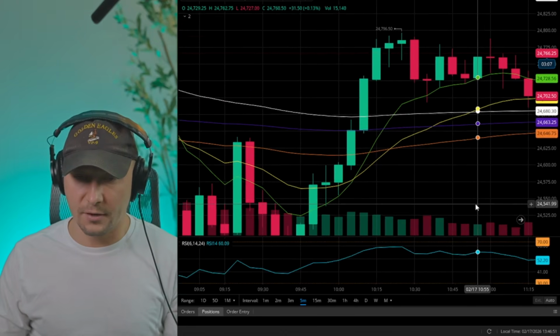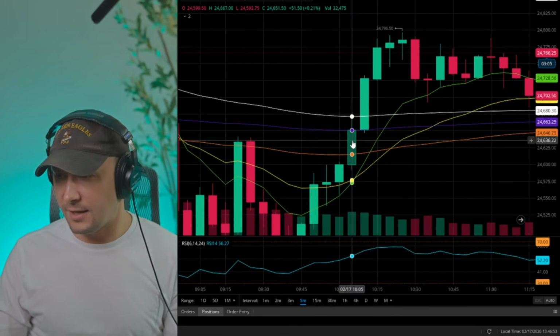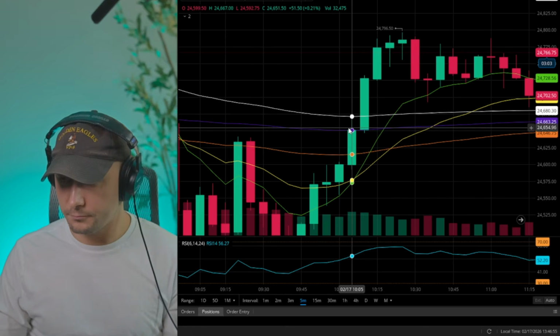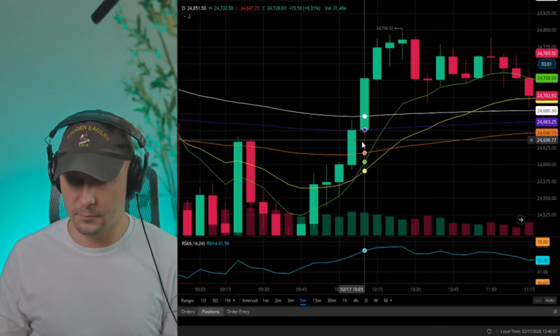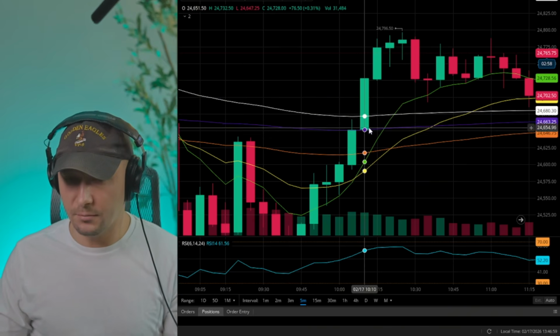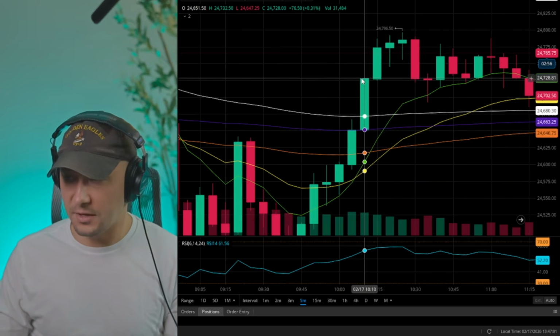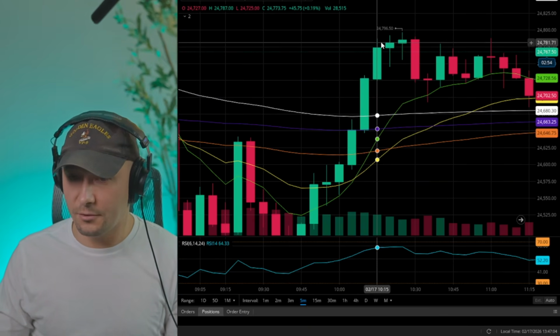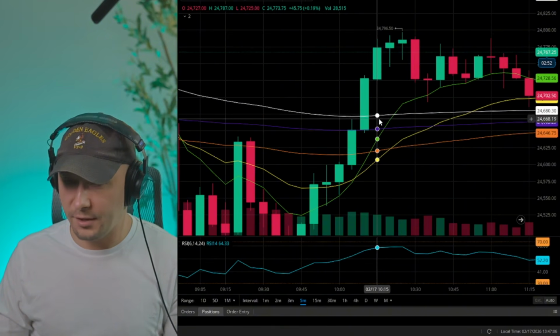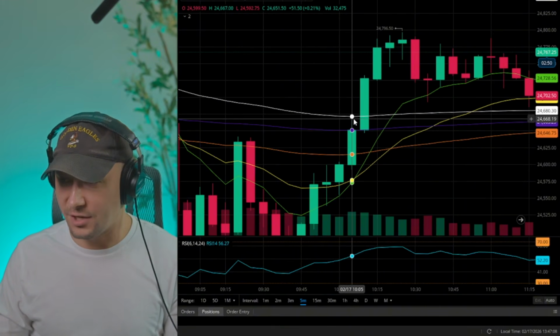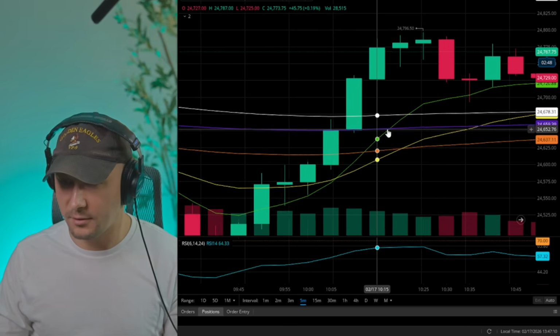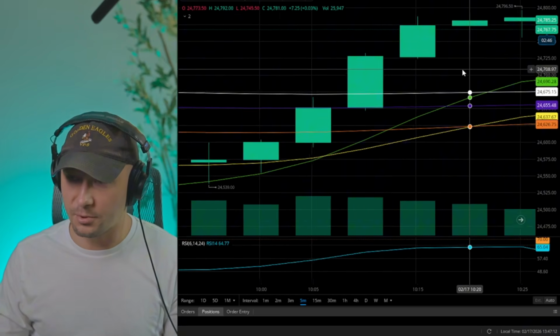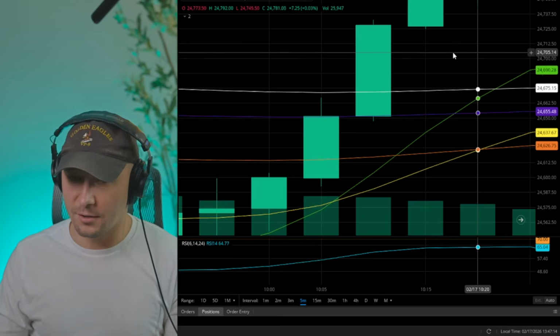I'm going to try to find an example. So what do you need for a fair value gap? You need a candle formation. It's a 3-candle pattern: a candle formation, the next candle continues in that direction, and then the next candle does not have a wick touching the previous top wick. Let's go super close here.